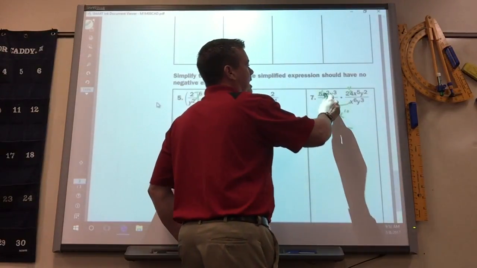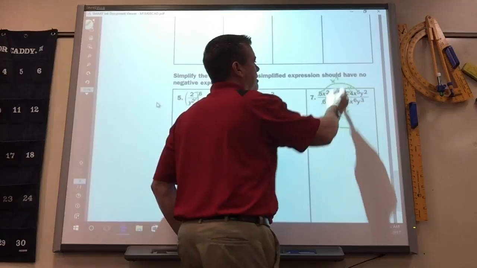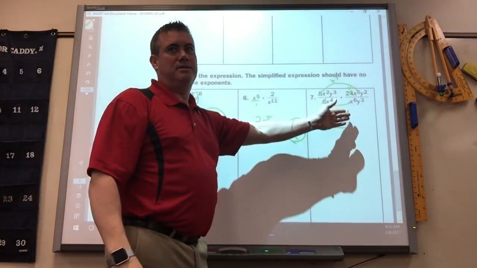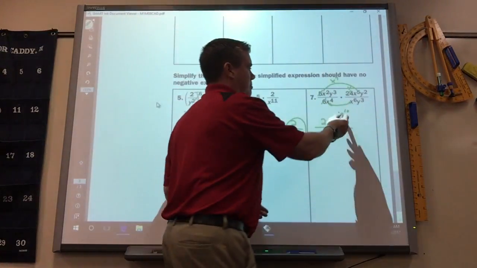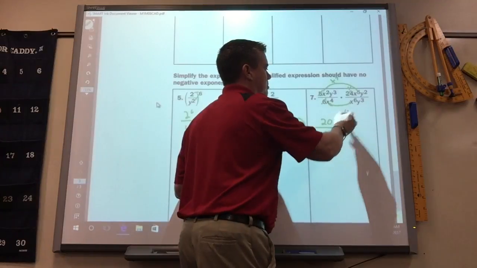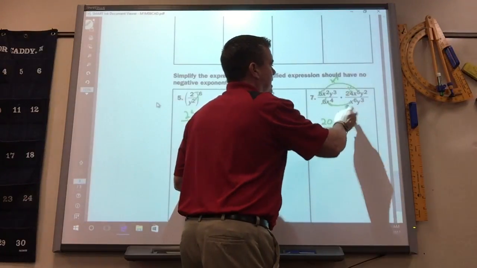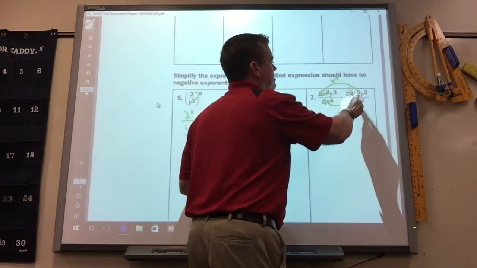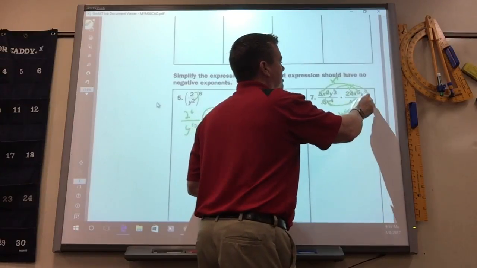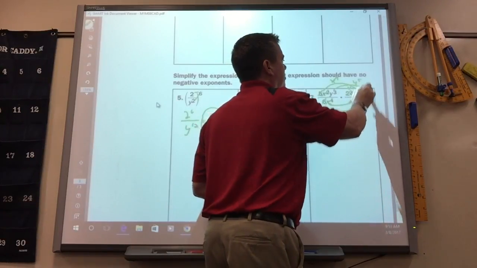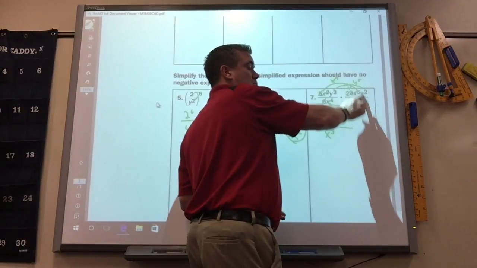And on top, I've got squared to the 5th, there's 7 of them. So 3 where? On the bottom. There's 3 more on the bottom. And then the y's, I've got 5 here and 3 on the bottom. So that means there's 2 more on top.